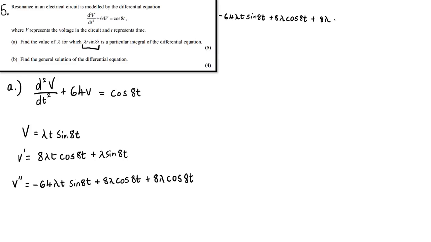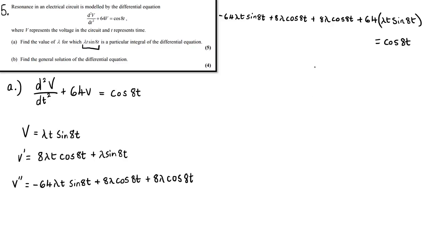Oh no, plus 8 lambda cos 8t, and we need to add 64 lots of v here. So lambda t sine 8t. Okay, and that's equal to the right hand side here, cos 8t. So that's all equal to cos 8t.